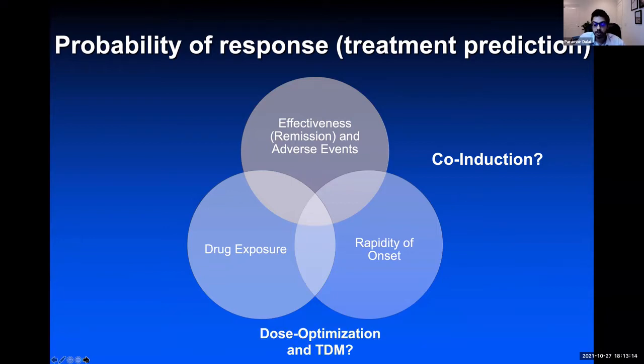There's drug exposure, which you can think about with dose optimization and therapeutic drug monitoring. And then there's treat to target monitoring, which is an evolving concept, both with biomarker and endoscopy-based treat to target monitoring. But the core around this is the ability to identify patients who are at risk for either lack of efficacy or who are likely to develop efficacy despite the need for any of these co-interventions.